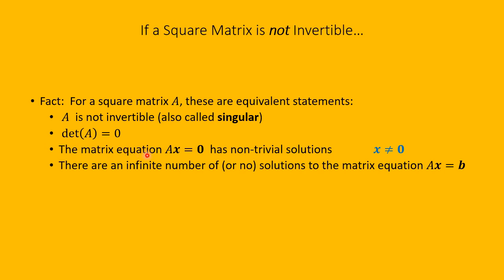The matrix equation AX equals the 0 vector has non-trivial solutions X that are not the 0 vector. And also equivalent to these statements, there are an infinite number of solutions or no solutions to the matrix equation AX equals B. These facts we saw in the previous lesson, so this is basically a review of some things that we're going to be using throughout the rest of this course.